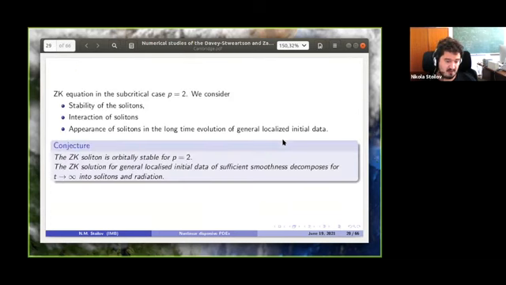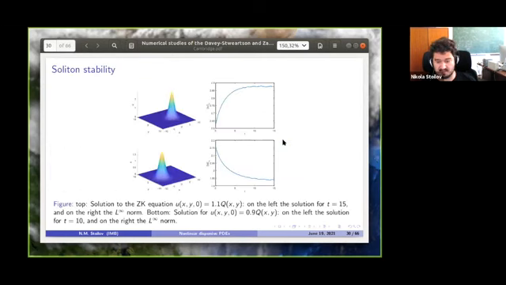The conjecture that we have is that in that case, the soliton is orbitally stable, and from general initial data, which is sufficiently smooth, the solution will decompose eventually into solitons and radiation. So solitons are stable. I deform slightly the soliton, and then let it propagate to the left, to the right. And it stabilizes at a higher value.